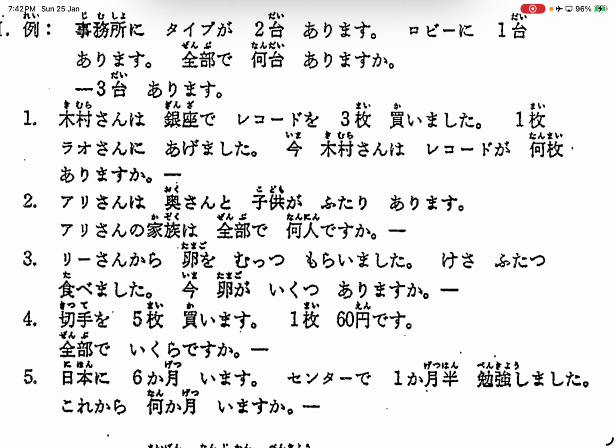So 奥さんと子供が2人あります。So how many, 全部で how many? In the family. 4人です。Thank you. Right. Him plus the wife plus the 2 children, 4人です。Okay, number 3.